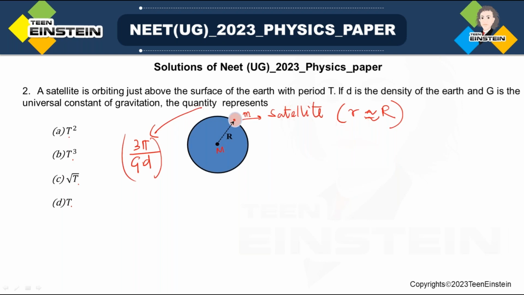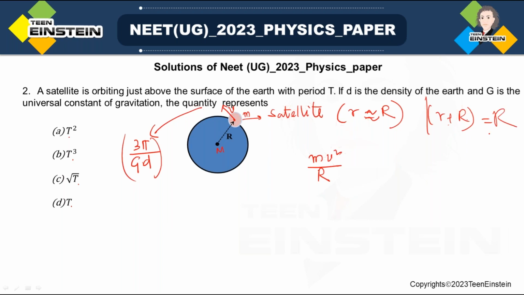Suppose the satellite has small mass m, and the Earth has capital mass M. Let us say the orbital velocity of the satellite is v. So I can write m v square by r. I could have written small r plus capital R, but since it is just above, I am taking it as capital R itself.